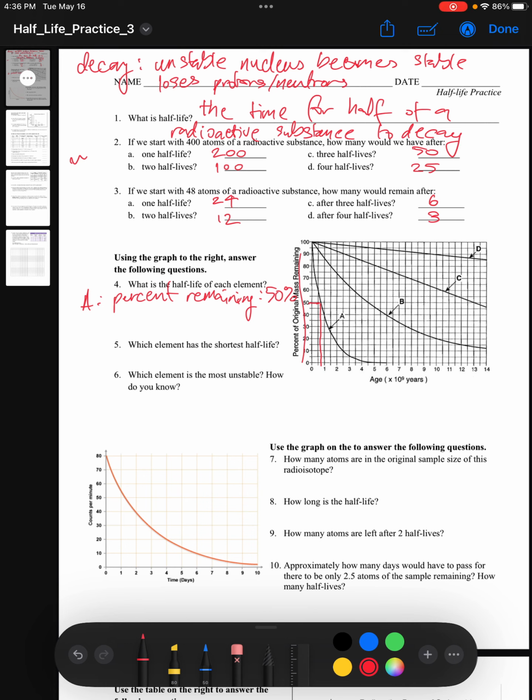It's between 0.5 and 1, about 0.7. The time is 0.7. What is the unit of the x-axis? It's times 10 to the power of 9 years. So the half-life is 0.7 times 10 to the power of 9 years.